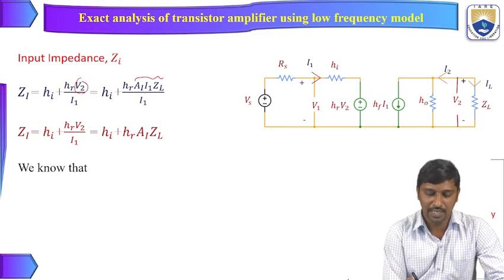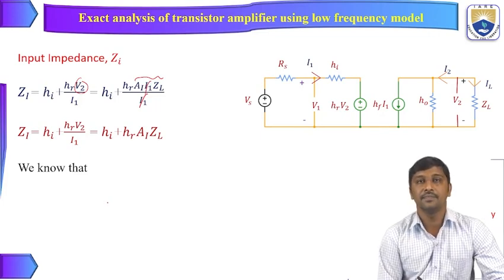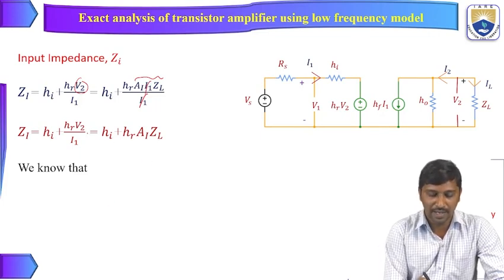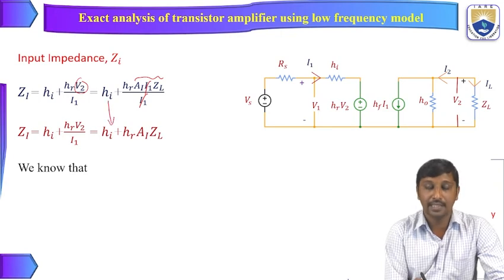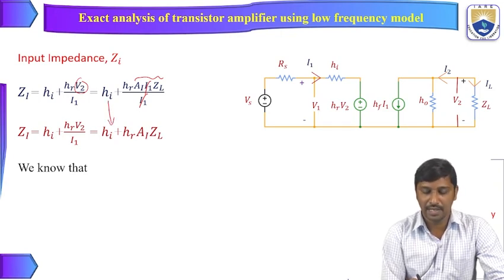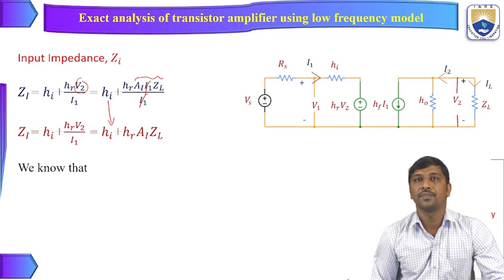Hence I1 gets cancelled. So what happens? This is HI plus HR times AI into ZL. So this parameter is equal to HI plus HR AI into ZL.